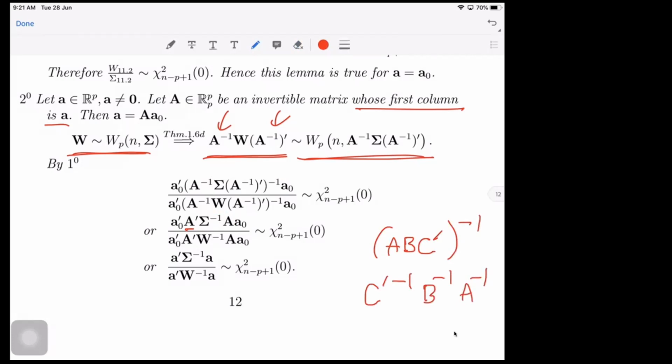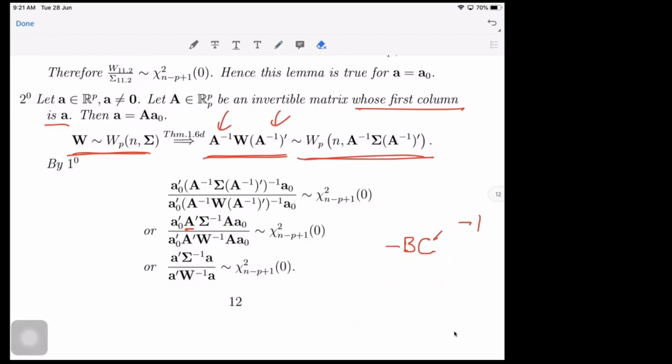Pero ang atong C prime din kay ano man prime mo nang A na lang siya. Kini mahimong mura siya C prime inverse, B inverse man A inverse. A prime. Ang original nato prime.